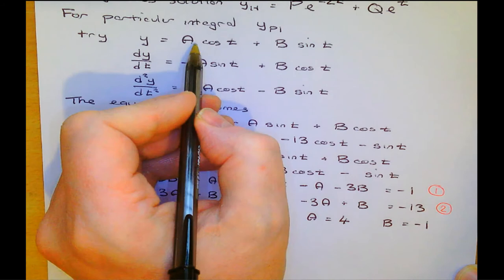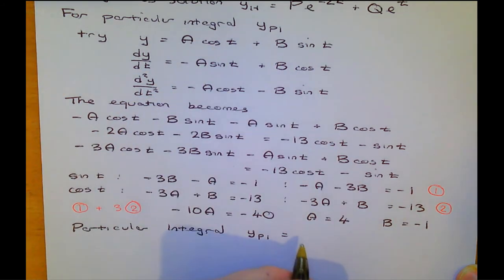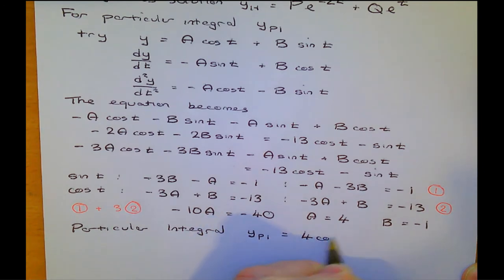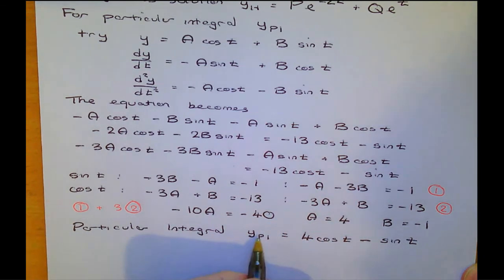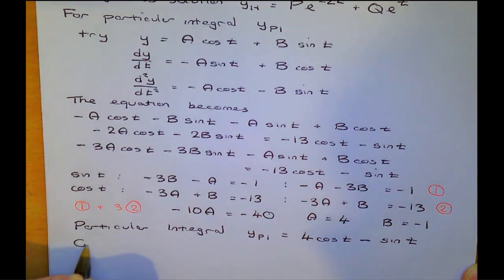Well, here we have it, a cos t plus b sine t. So we get here 4 cos t plus minus 1 sine t, 4 cos t minus sine t. And then, of course, that takes us to the general solution.